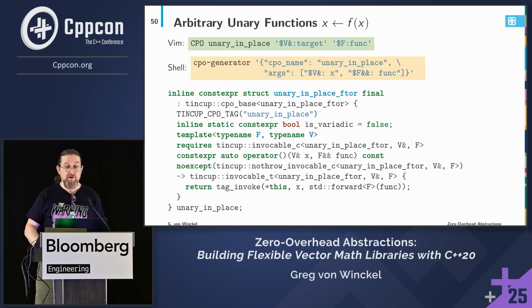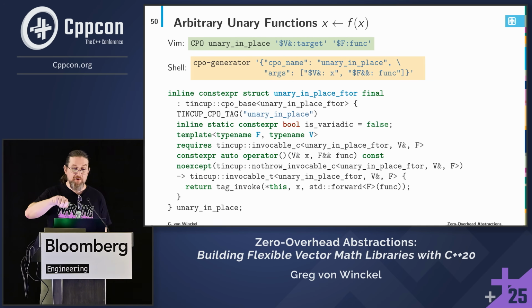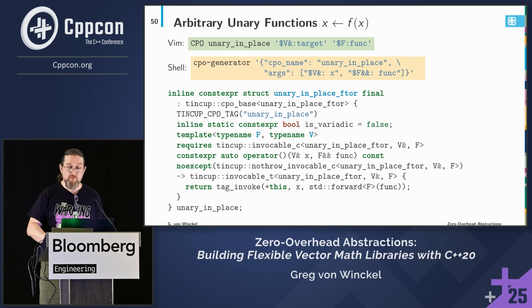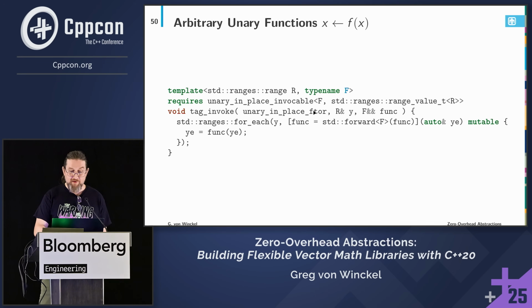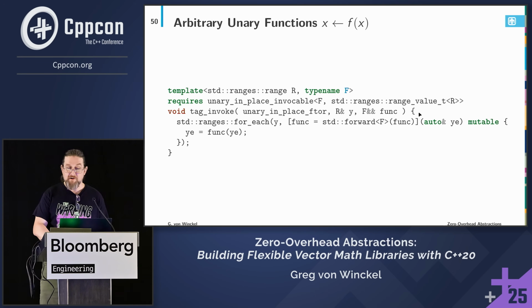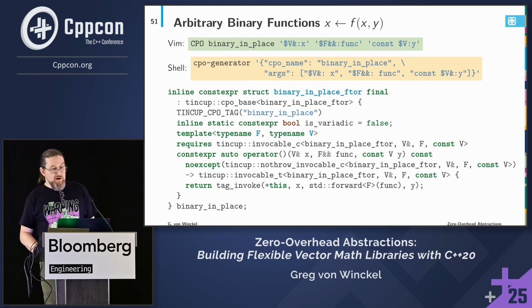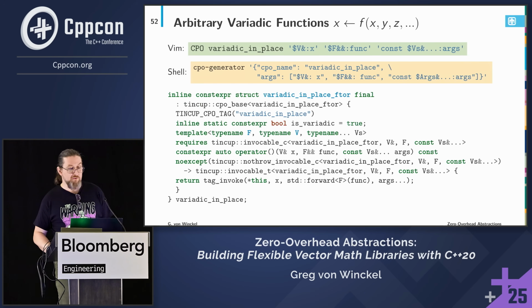And then this will check and ensure that every element, or the element type associated with your V, is admissible as an argument for the callable F. And here's, let's see, requires unary in place invocable, that F can take, say, a std::ranges::range_value_t of R, that you put one of these into F and you get one of them back. Right? And similarly for binary functions, same principle. And more generally for variadic.